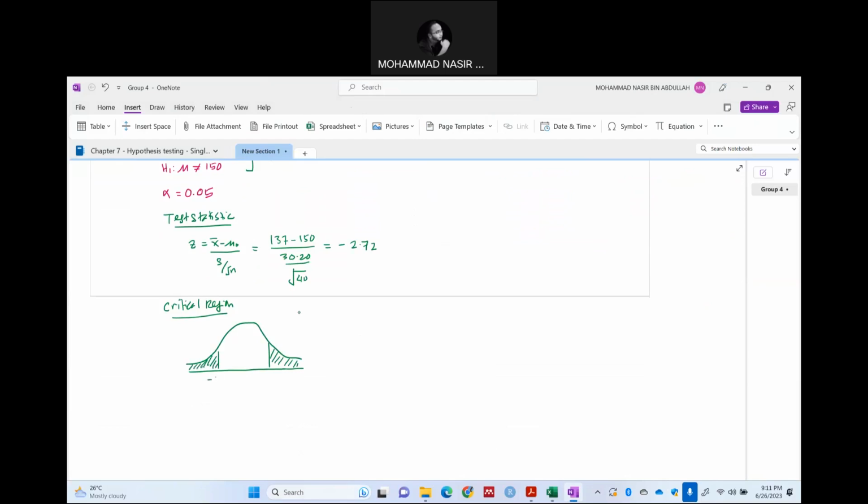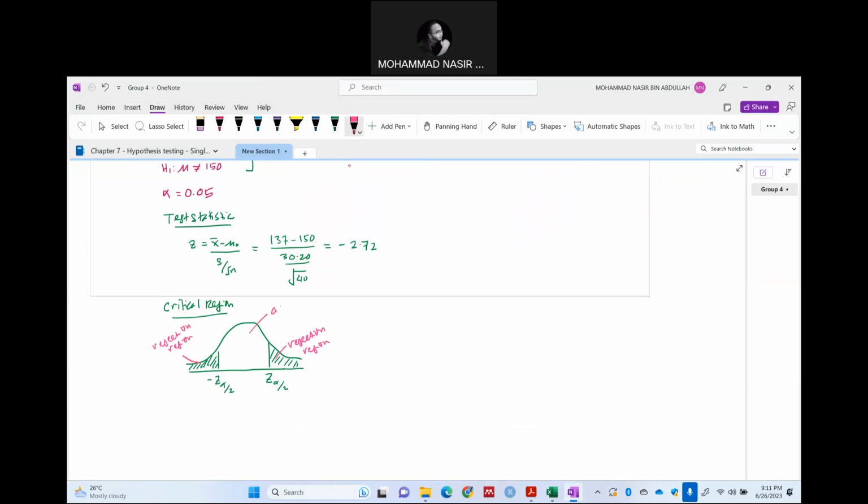So this is negative Z alpha divided by 2, and Z alpha divided by 2. This is a rejection region. This is also a rejection region.